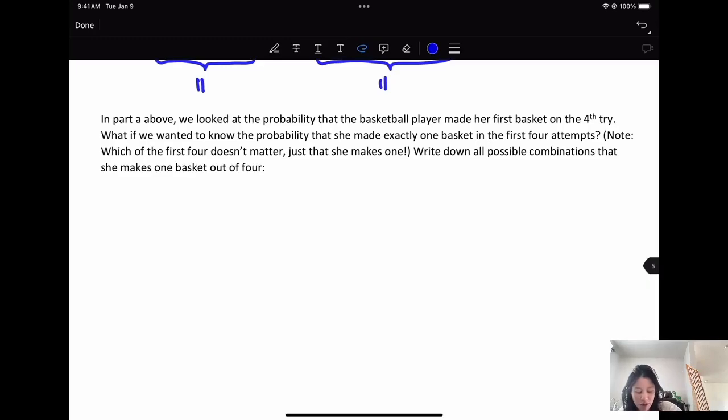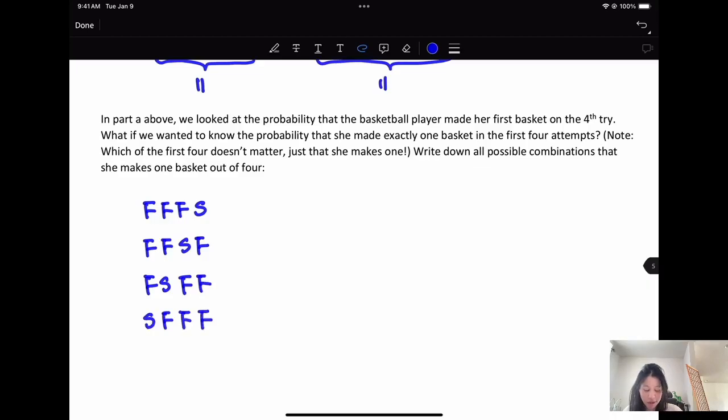She can fail for the first 3 times and then succeed on the fourth time. Or she failed and made her first throw on the third one, or something like that. You succeed the first time and fail the remaining 3.